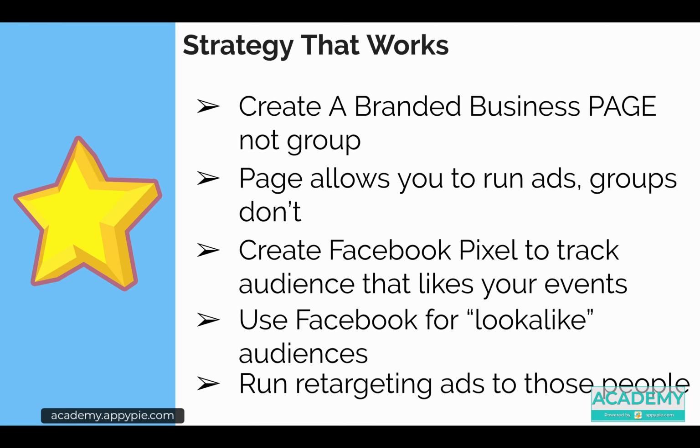Cold traffic is exactly the traffic that does not convert, and that's exactly what happens when people start out with Facebook ads and it doesn't work. Usually it's because they're targeting cold traffic. But in this case, not only are we going to target lookalike audiences, but we're going to have strategies to warm them up with retargeting ads. So after many points of contact with us, they are going to sign up for the events.